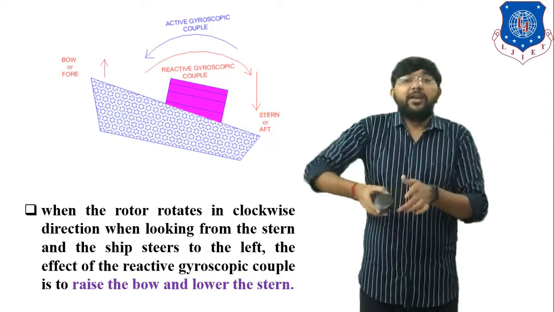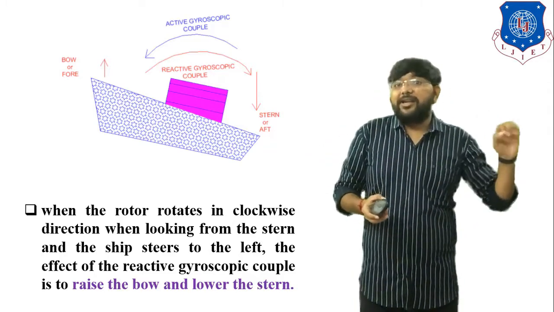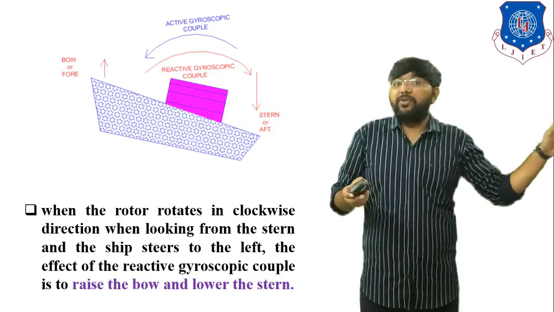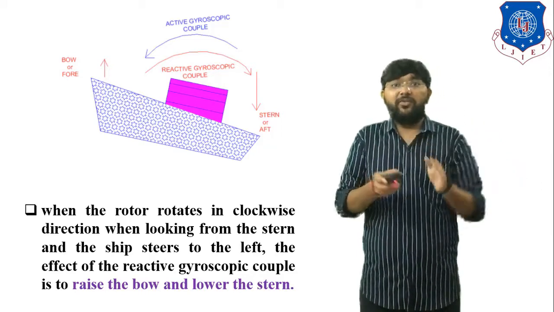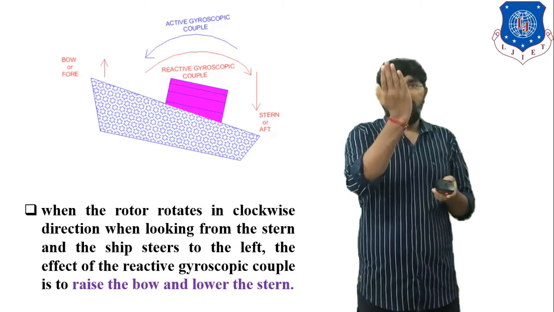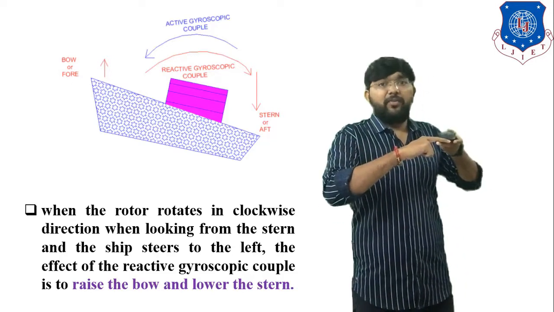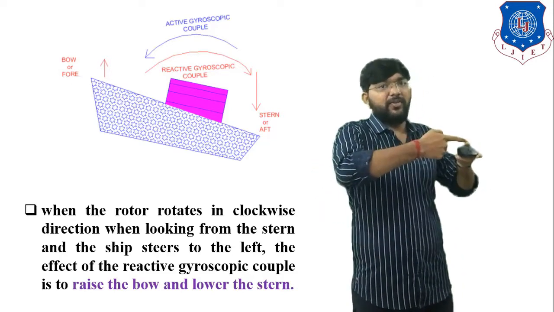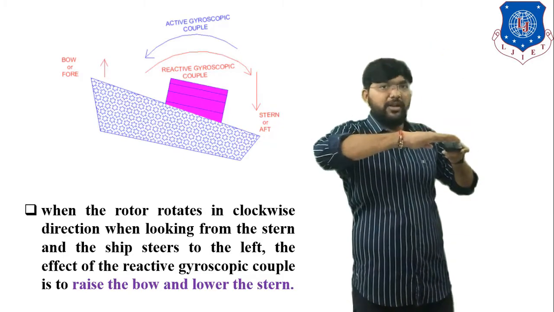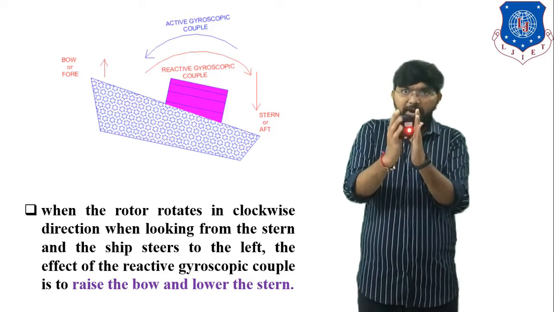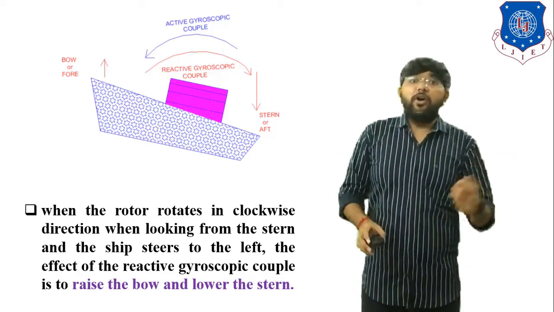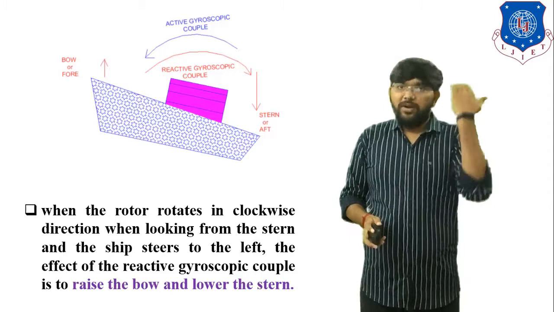At that time, you all know a body always tends to move in the direction of the resultant. So the ship tries to move in the upward direction. Clear? Because the first vector is in the straight direction and the second vector is in the upward direction, the resultant is in the inclined direction. So the ship tries to move upward, which means the bow end or fore end tries to move upward.